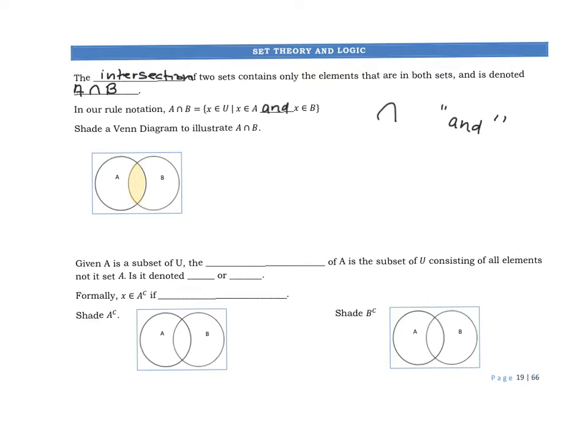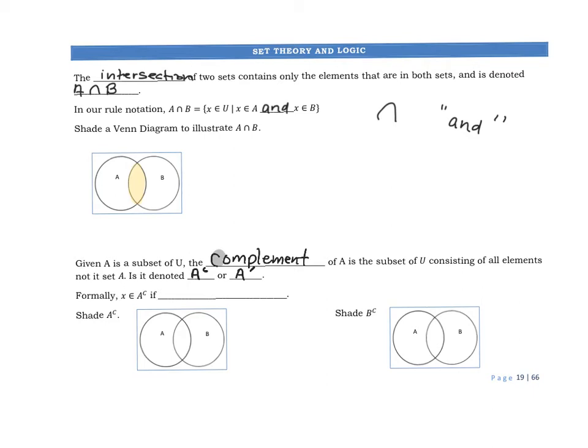Okay. All right, so for our next set operator, given A is a subset of U, the complement of set A is a subset of U consisting of all elements not in set A. So we have quite a few notations for the complement of A. The one that seems to be more commonly used in our notes is A with superscript C. And then in many other contexts or books, we'll see A prime.